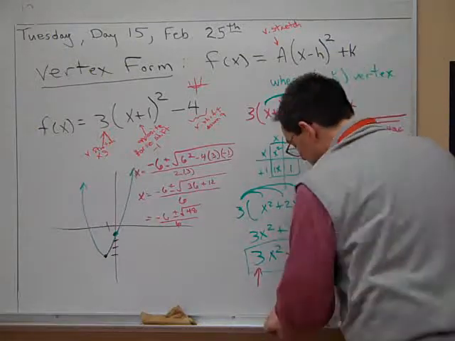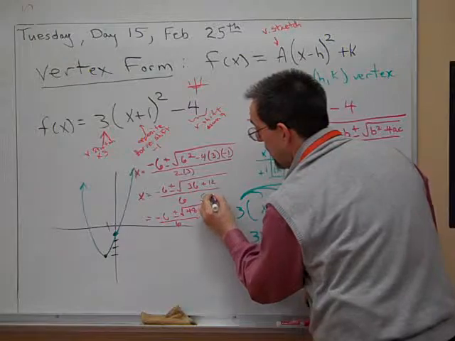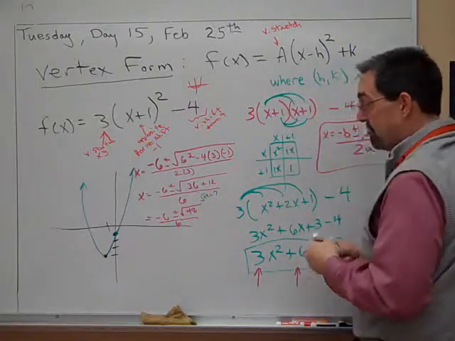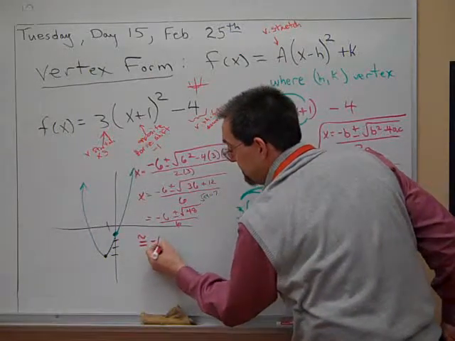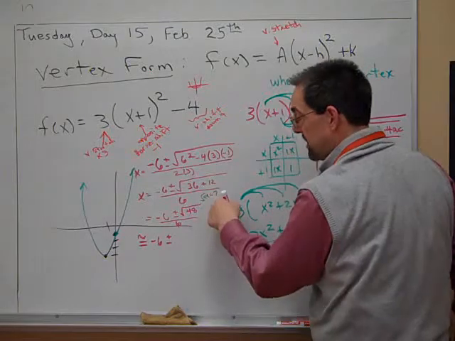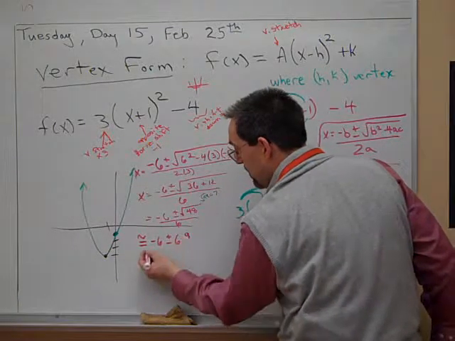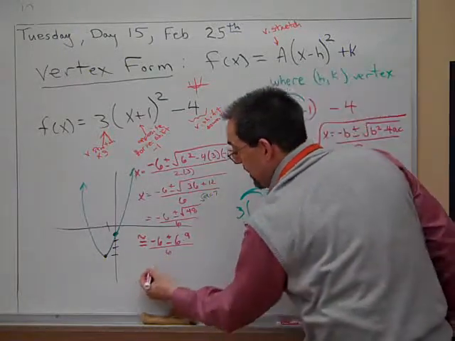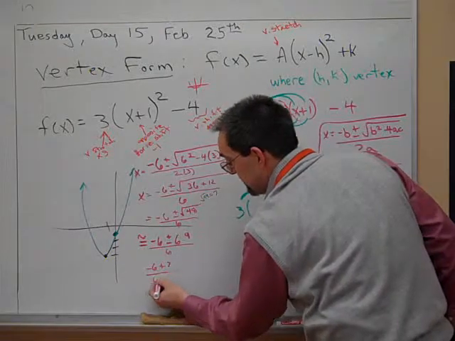What's the square root of 48? Well, the square root of 49 is 7, so it's just a little less than 7. Good. So we're going to approximate. Negative 6 plus or minus nearly 7. So let's just write 6.9 for right now, all over 6. That gives us two values. Negative 6 plus 7 over 6.